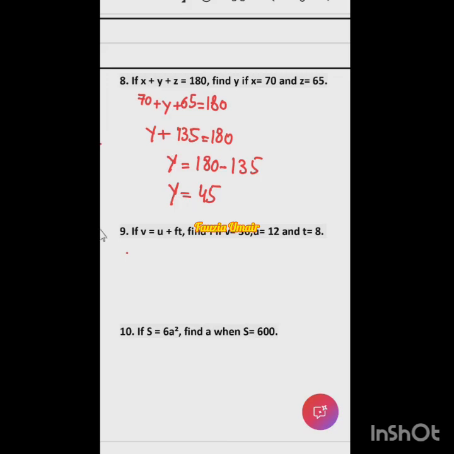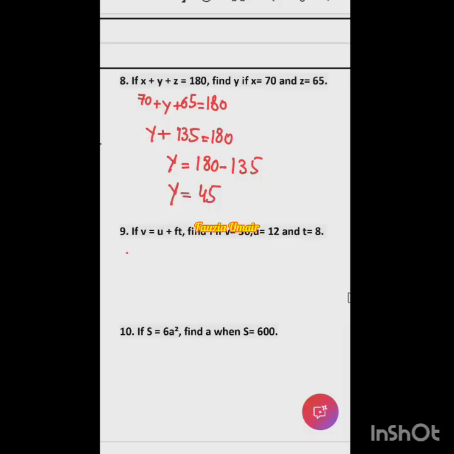All right. So next question is v is equal to u plus ft. So Zainab, first of all, how many variables are there? Four variables. So what is the operation between f and t? Multiplication.